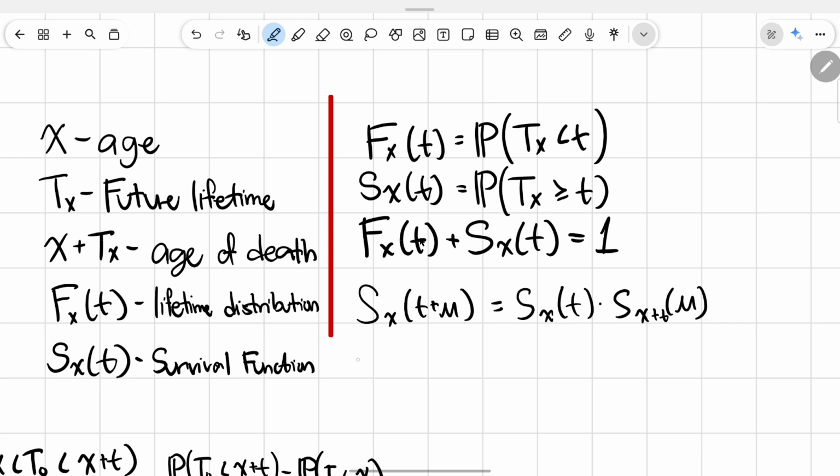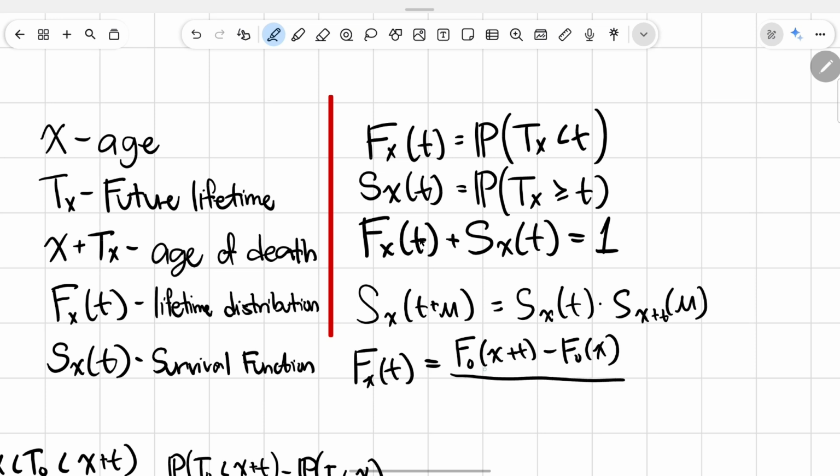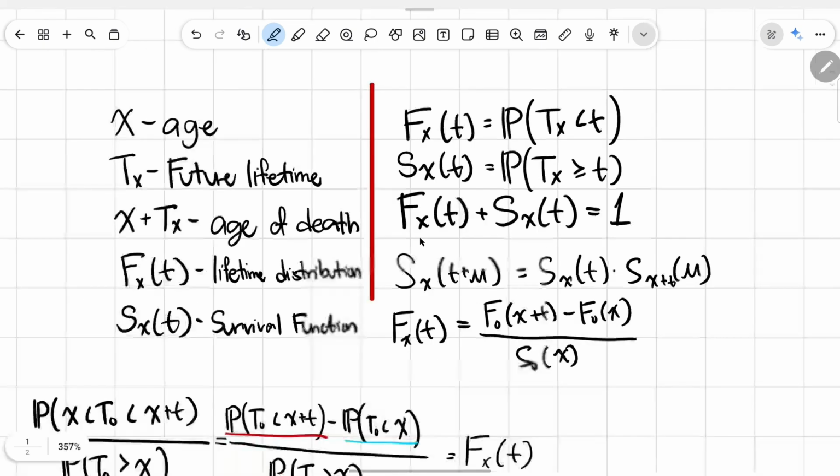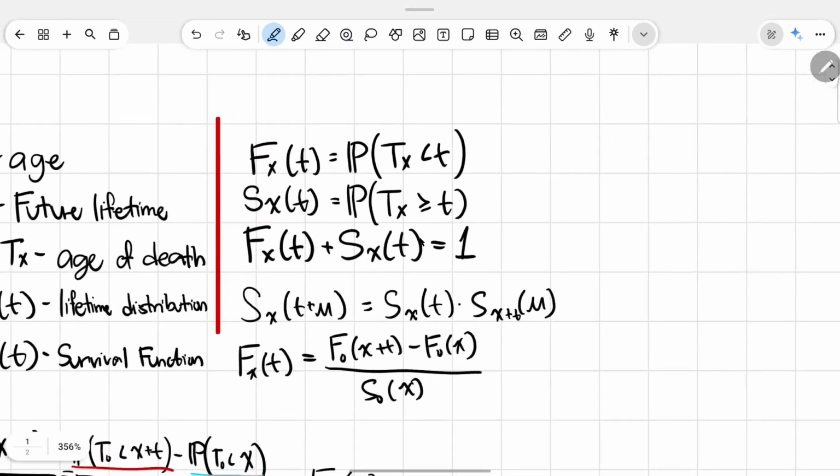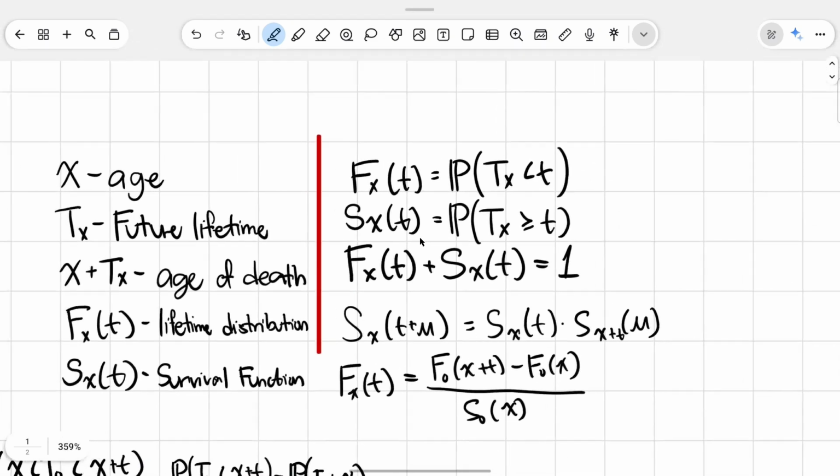We've also learned that Fx of t is equal to F0 of x plus t minus F0 of x over S0 of x.